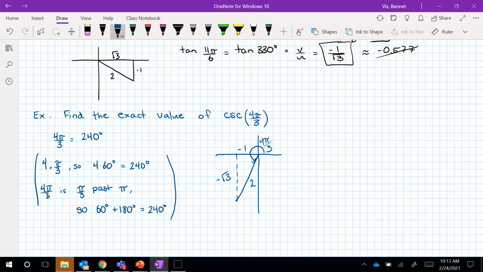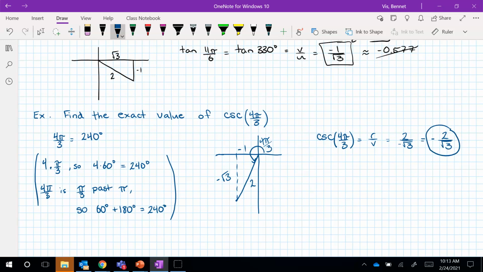Okay. So I've got my u, v, and r. And so now I just need to find what's the cosecant. Well, the cosecant of this thing is the reciprocal of sine, so it's going to be r over v, which would be 2 over negative root 3. I'd really like it if you would pull that negative out front.